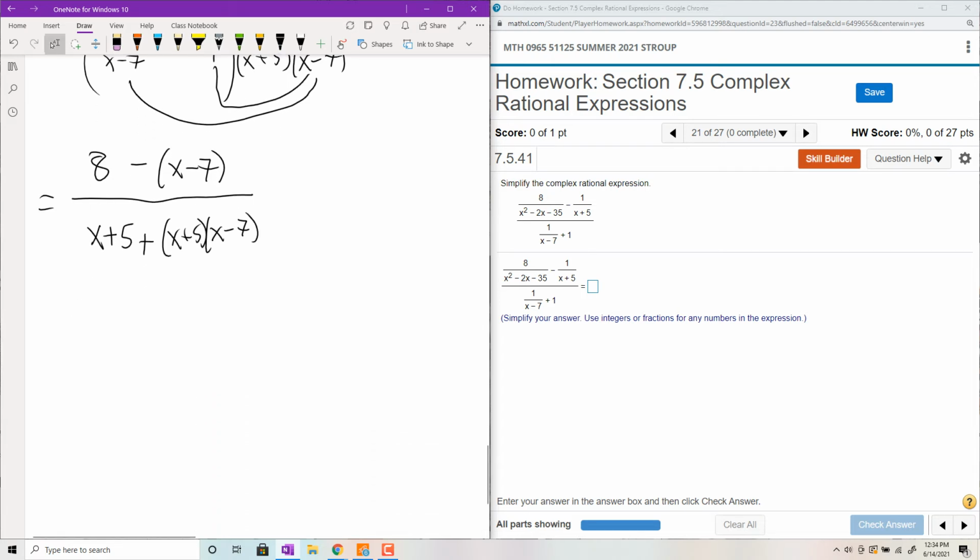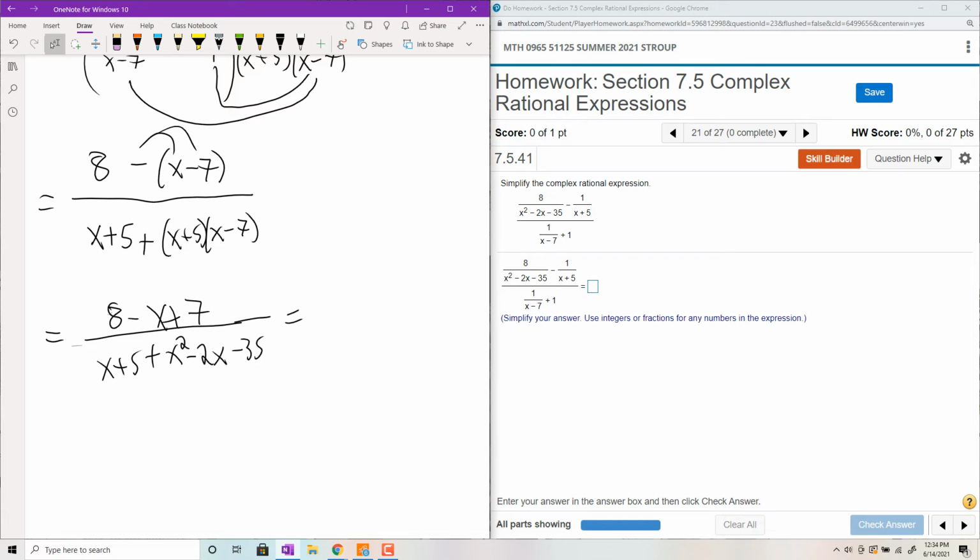Okay, now we start simplifying a little bit. So I have 8 distributing the negative. I get minus x plus 7 all over x plus 5. And I'm going to go ahead and FOIL this part. So x squared minus 7x plus 5x is minus 2x, and then minus 35.